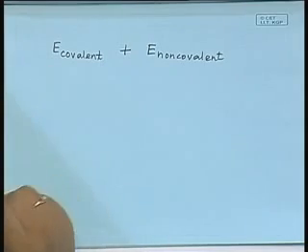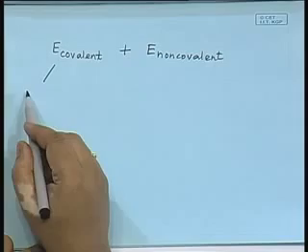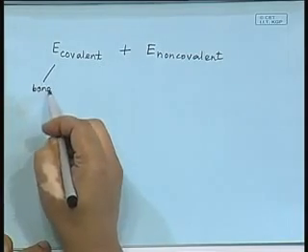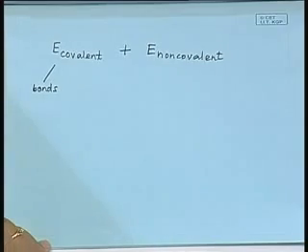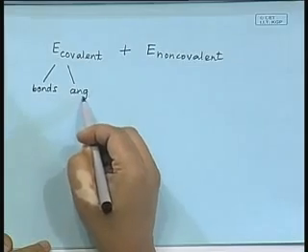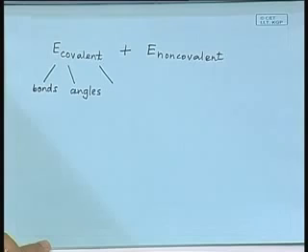Now, under the covalent ones, what do we have? We have bond formation, normal bond formation that is going to contribute. So we have bonds. What else do we have? There is a contribution from angles. There is a contribution from, what other do we have? Torsional angles.